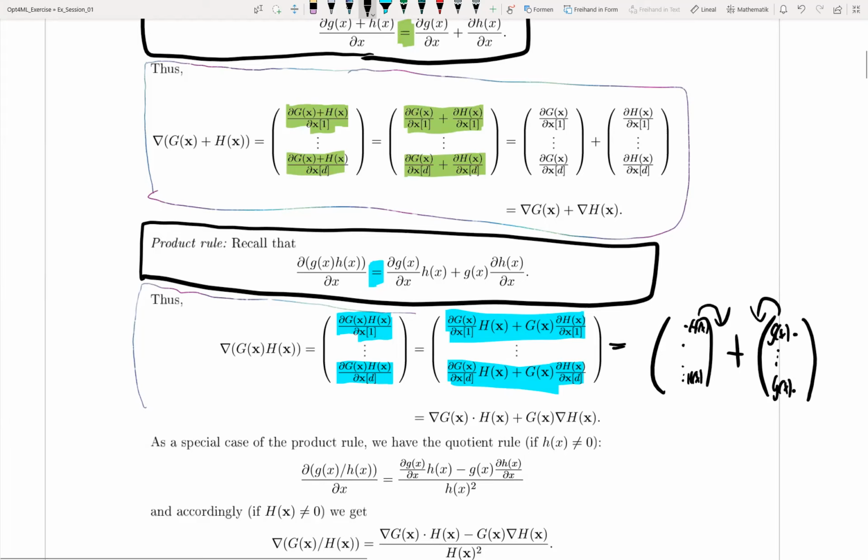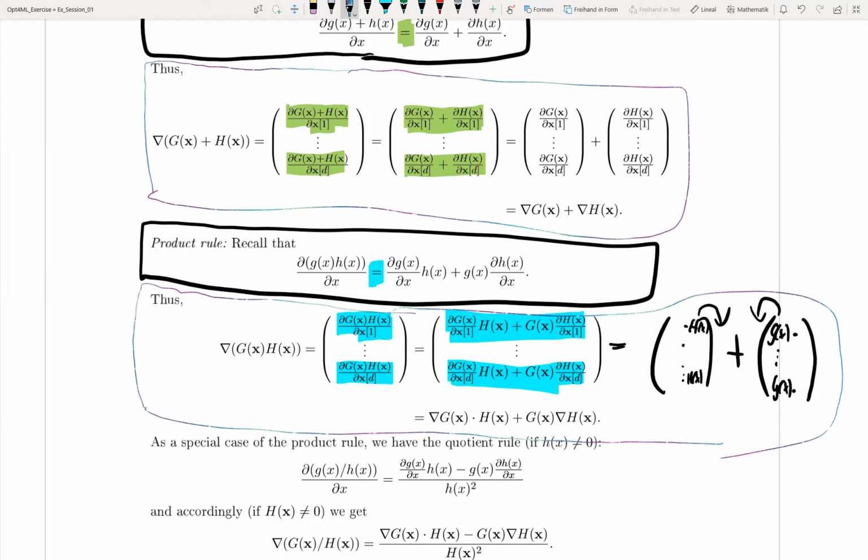So what you end up with at the end is the gradient of g. This is what remains in the column vector when you pull out the h of x, of course. Then you add to this g of x, which I have pulled out of the second column vector, and the second column vector is the gradient of h.